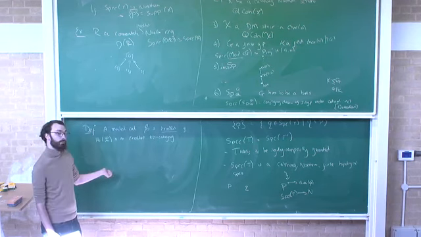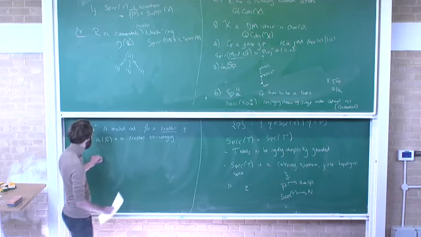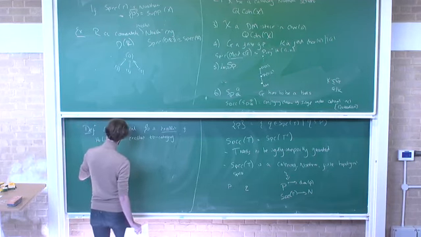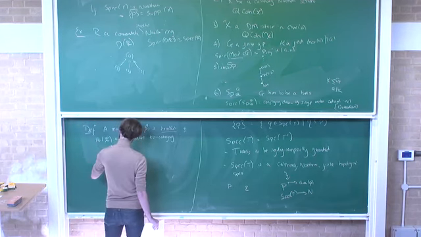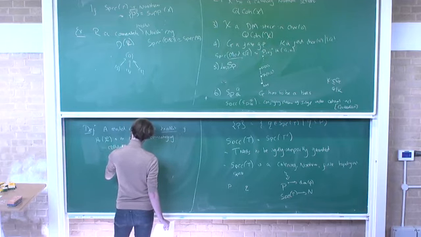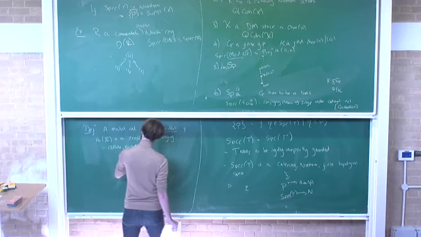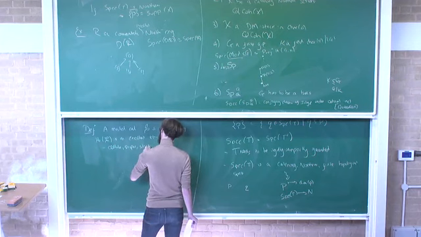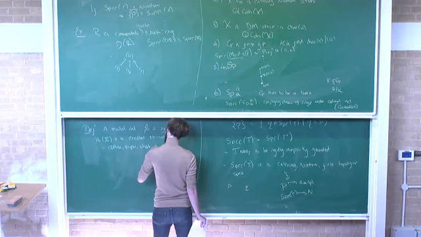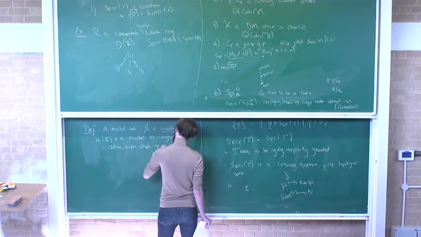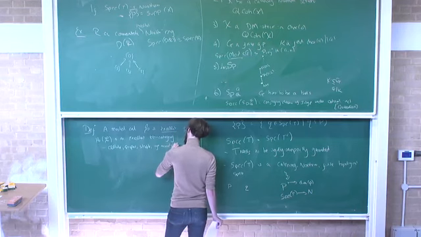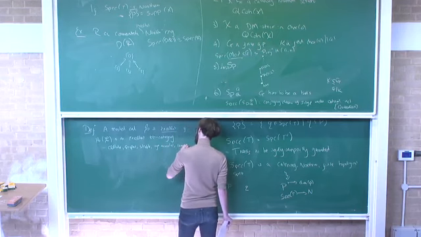So I'm just going to write down briefly what kind of conditions you want here. I'm going to want it to be cellular, proper, stable, symmetric monoidal, compactly generated.